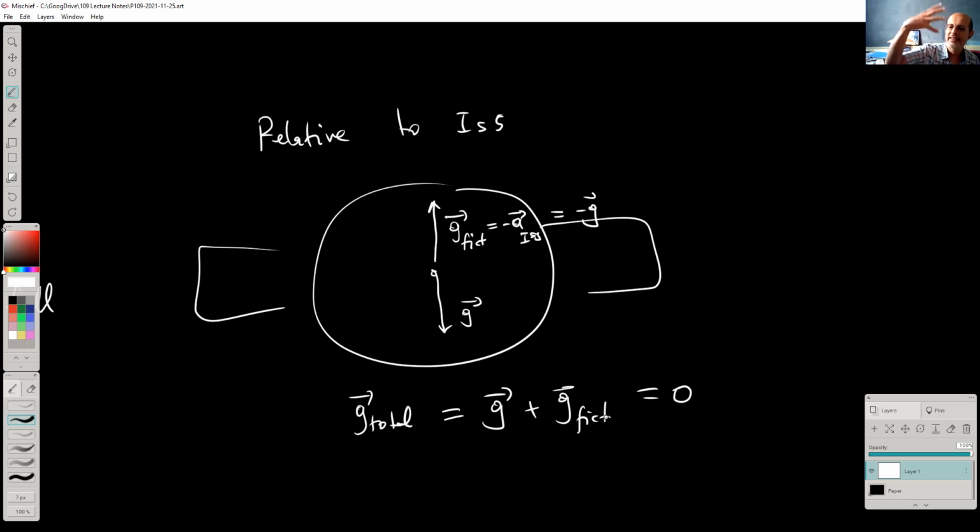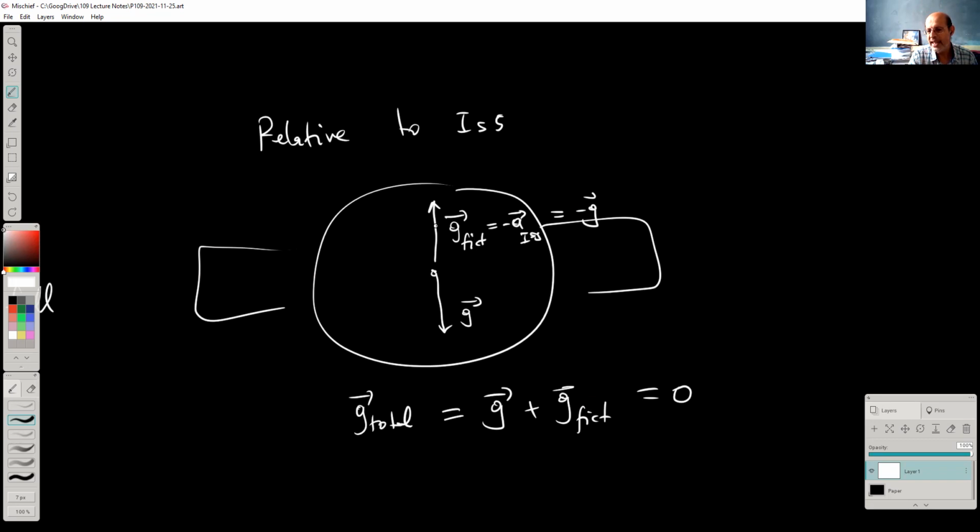Actually, the gravity is extremely strong inside this space station. There is gravity there. But since this is an accelerated frame, and the astronauts are using this frame as their reference, they have to do this to correctly investigate the motion of everything.